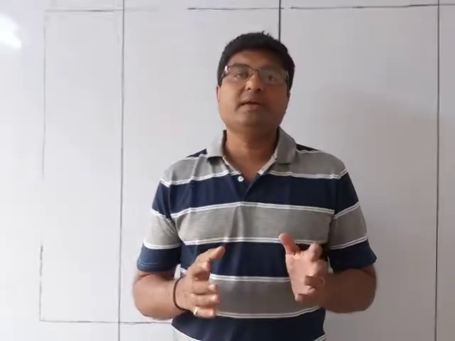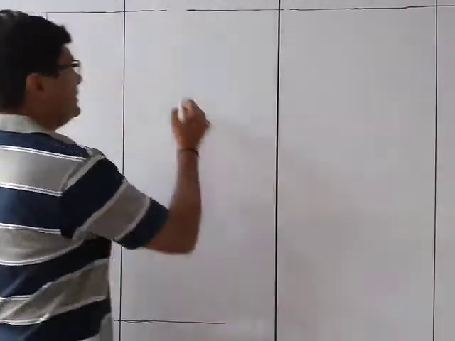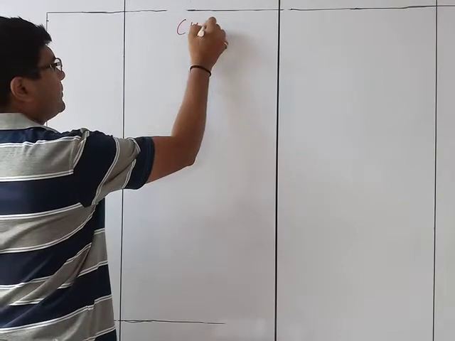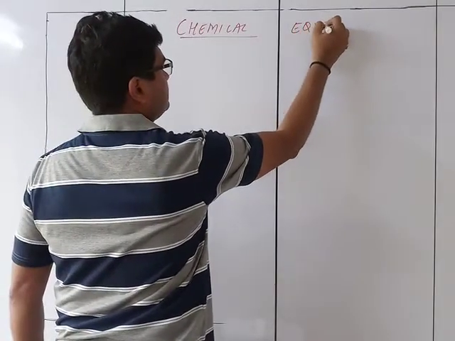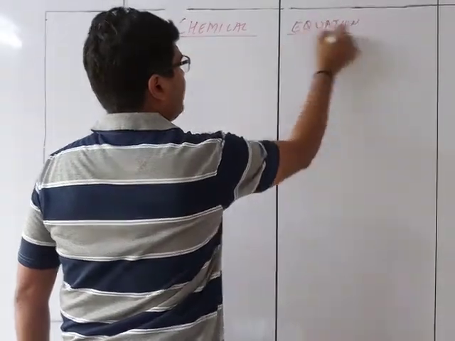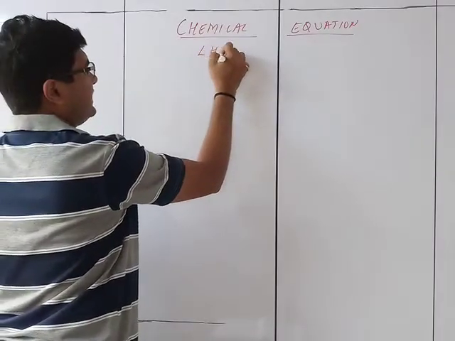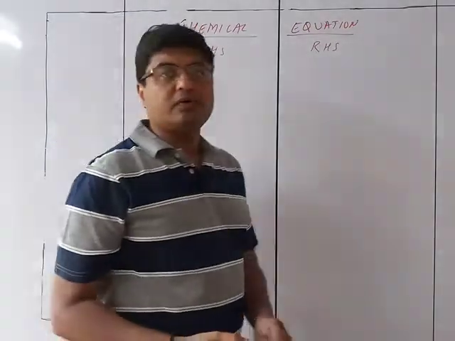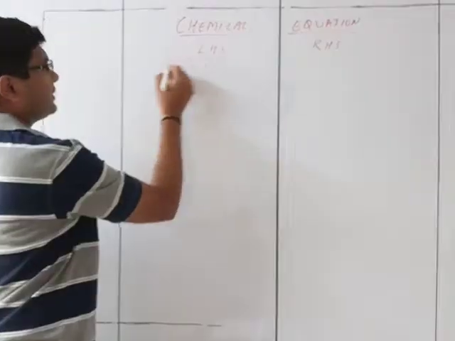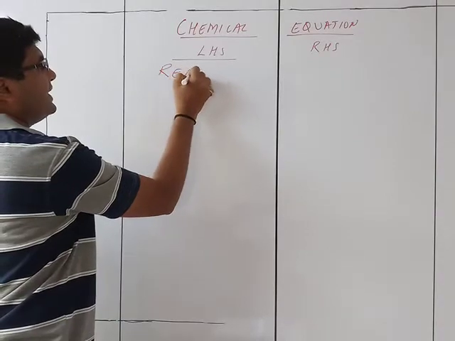So basically the equation will have two parts. This is a chemical equation, and it has two parts, the left hand side and the right hand side. The left hand side, the LHS, is what is called the reactants.